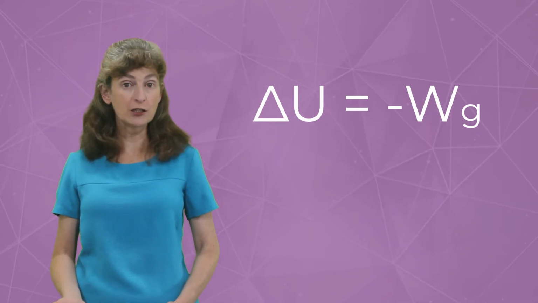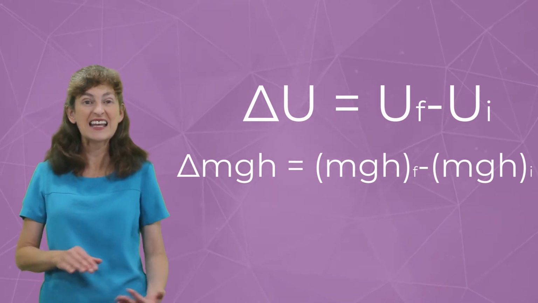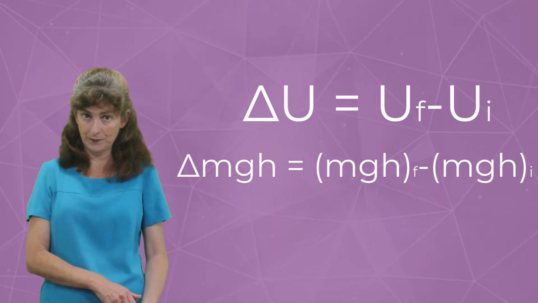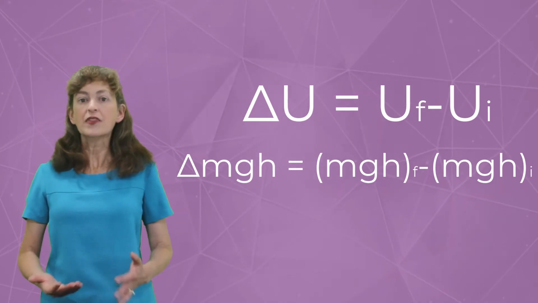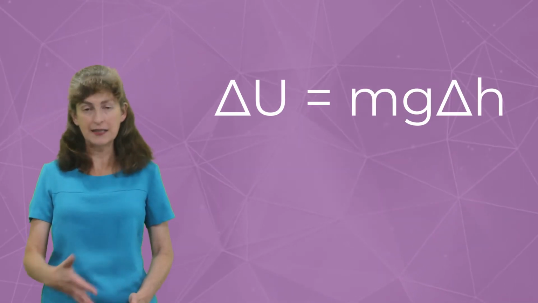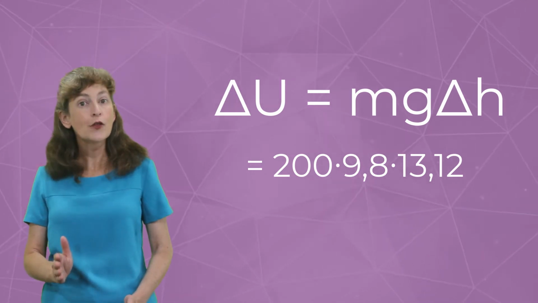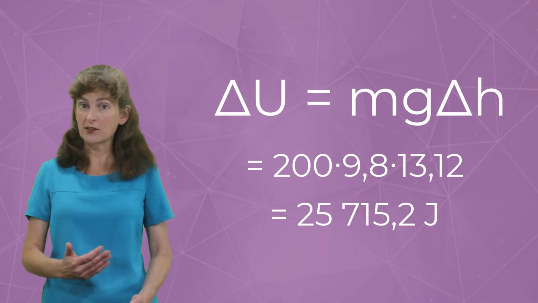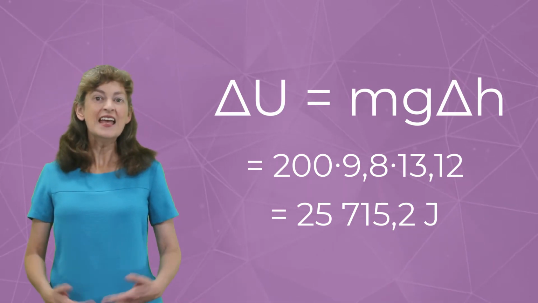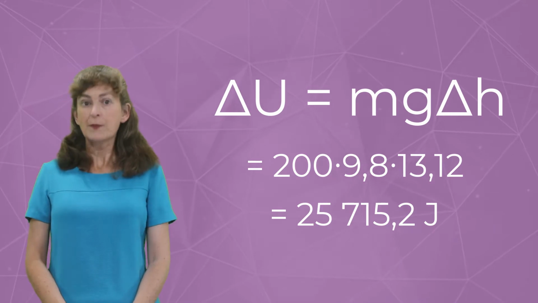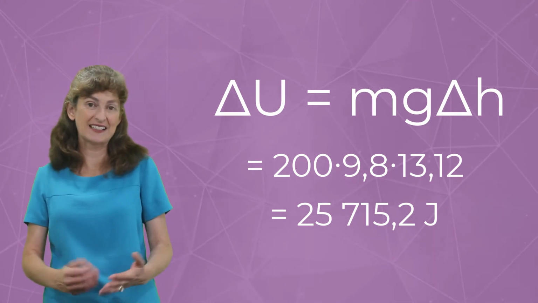Change in gravitational potential energy equals final mgh minus initial mgh. Since m and g are constant here, that equals mg delta h, which is 200 times 9,8 times 13,12, which equals 25,715,2 joules. That's a positive value, because the car's gravitational potential energy has increased.